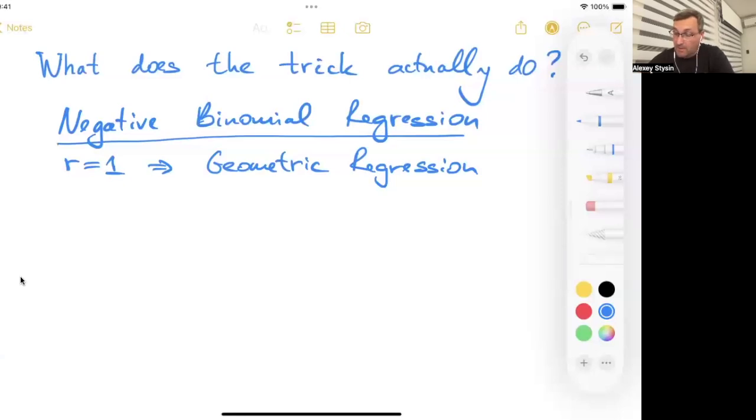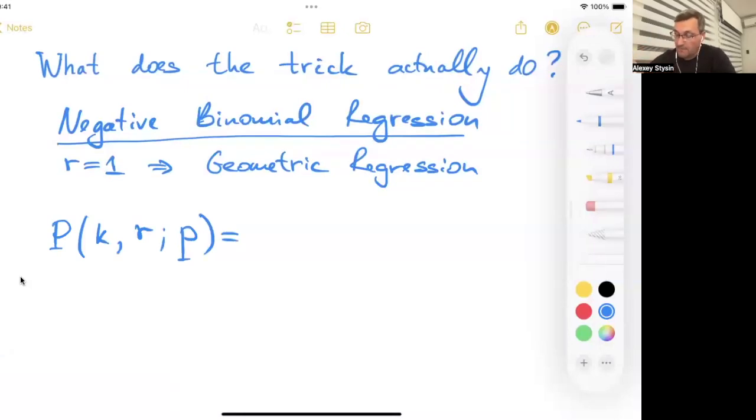Let's start with the negative binomial distribution. It is usually written like this: the probability of getting k negative results in a series of Bernoulli trials before getting R positive results. This is parameterized by P, the probability of success in a single Bernoulli trial.